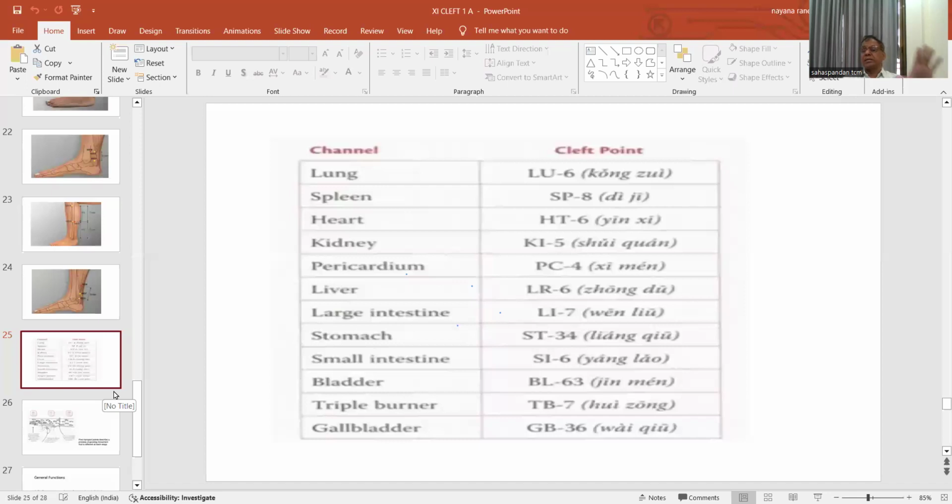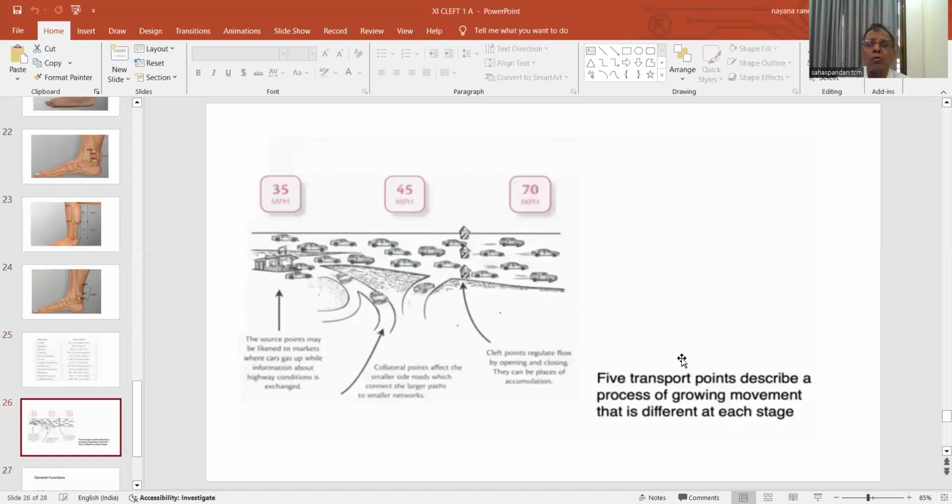While this image may be helpful, this is the image.